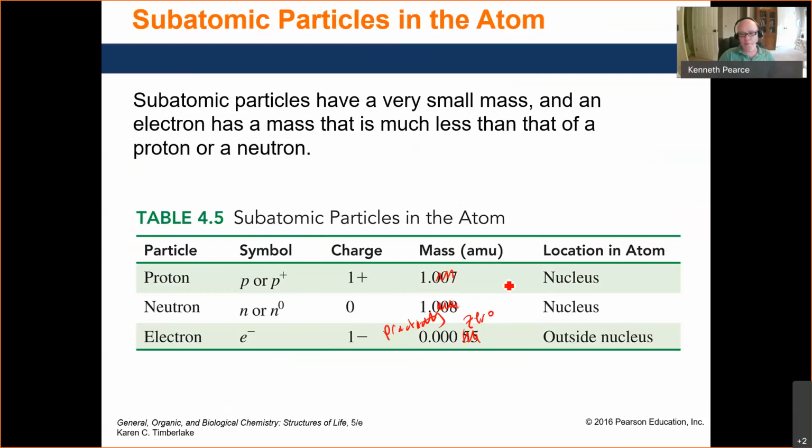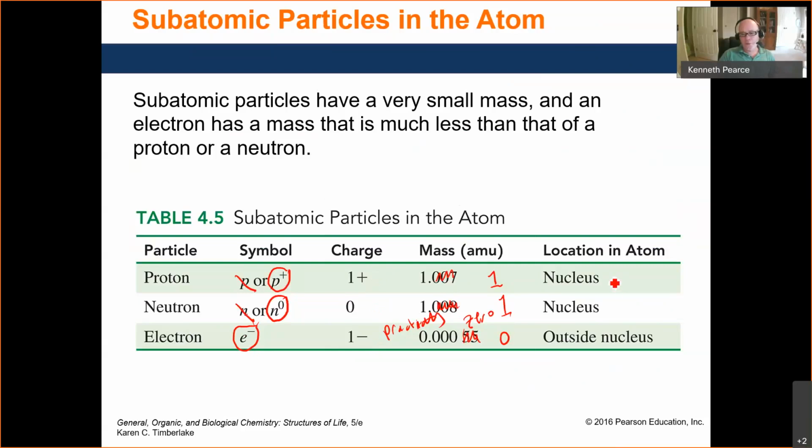So you can just say the mass is 1, 1, and 0 for your different subatomic particles. For a proton, we're going to use the p+, and for neutron, we'll use the n0. I don't ever use the other notations. And electron, I usually just abbreviate it like it shows right here. Now the charge: proton has a positive charge, neutron 0, electron -1.